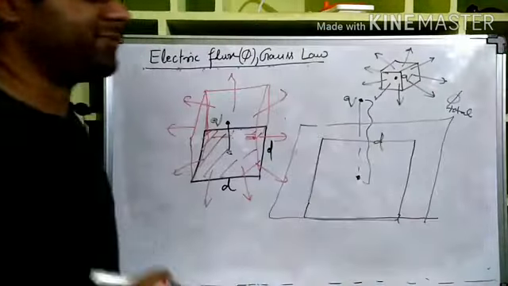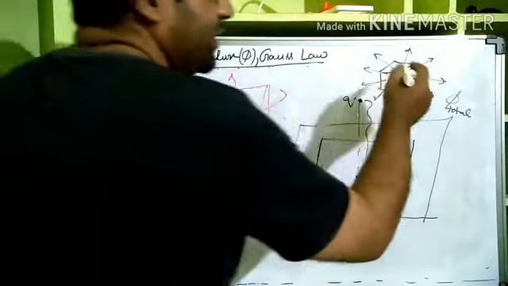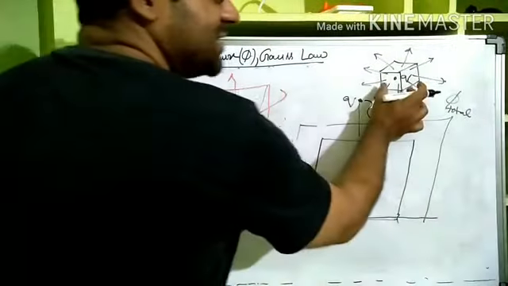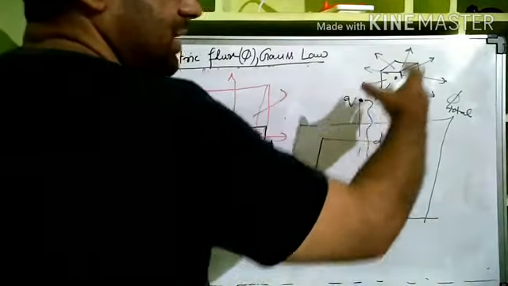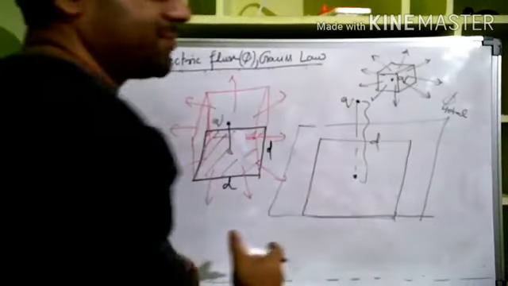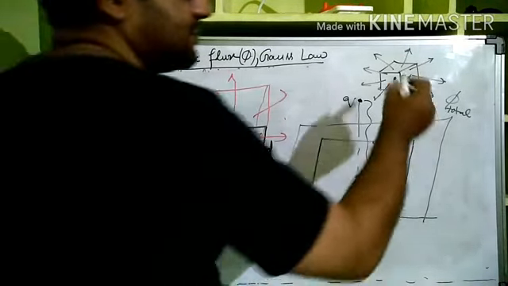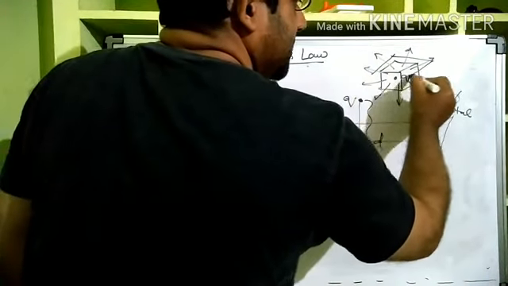Let us mention that by phi total only. Now, if I don't change this charge and double the size of each side of the cube, then the cube becomes bigger. Do you think there will be any change in the total flux if it is doubled?